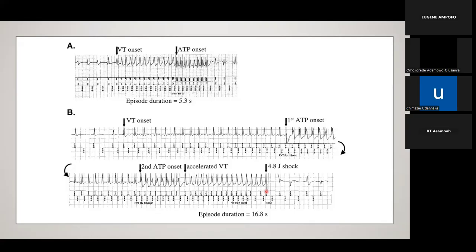So I won't say that there's 100% no risk, but because of how tachycardic the patient is, that risk is minimal. That's what I think, but I'm not 100% sure.